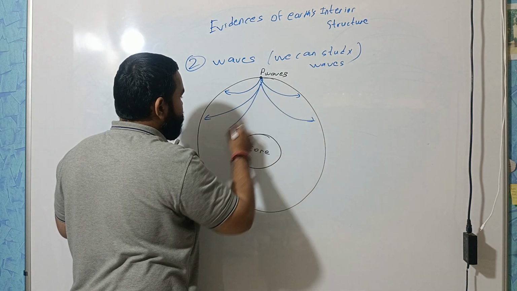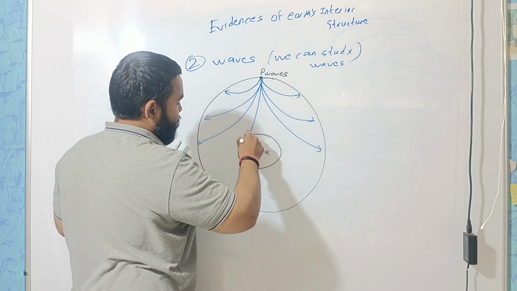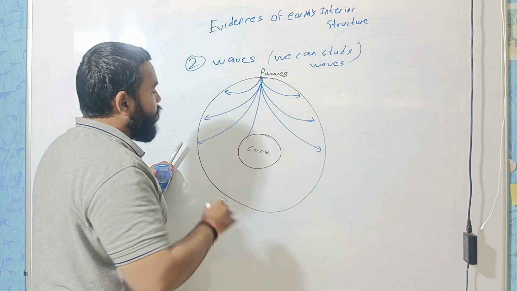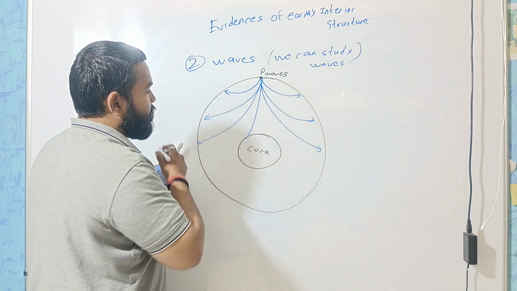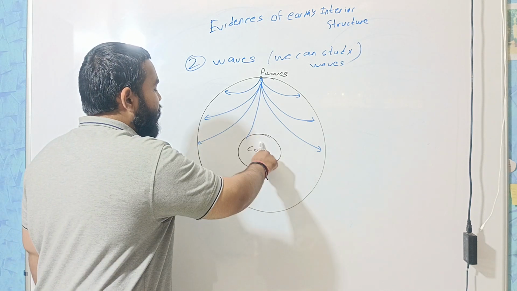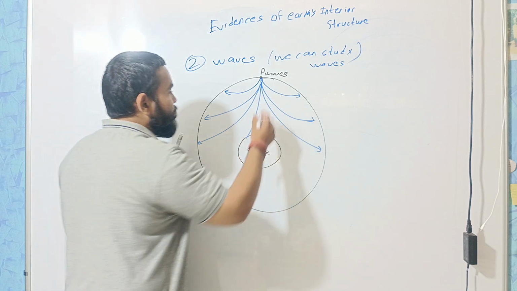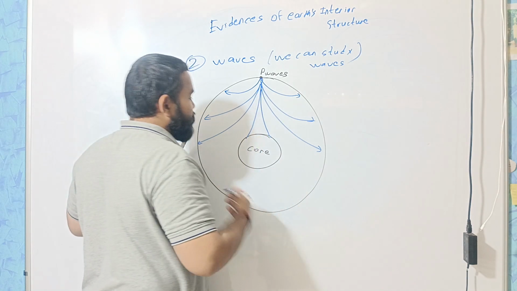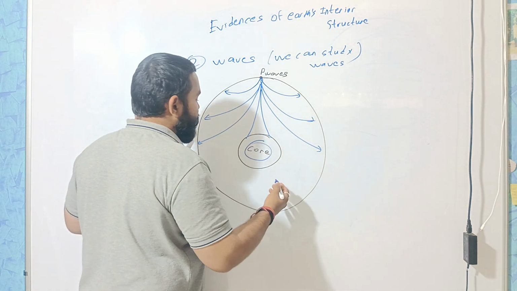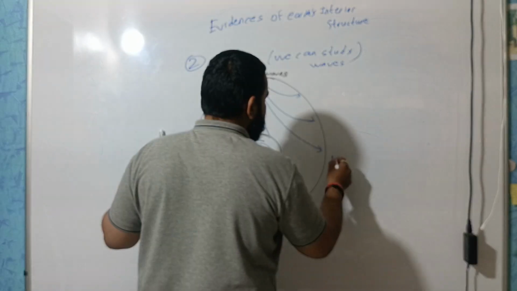Likewise, these waves are traveling and somewhere here, they stop. They will not go inside that core and go out. That's why scientists predicted that inside this core there is some other material. This is the prediction. That's why we are telling that inside the core there is a liquid and the inner core is a solid. So this is 103 degrees.